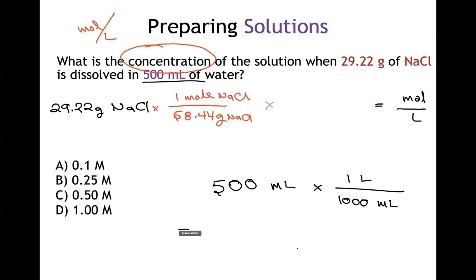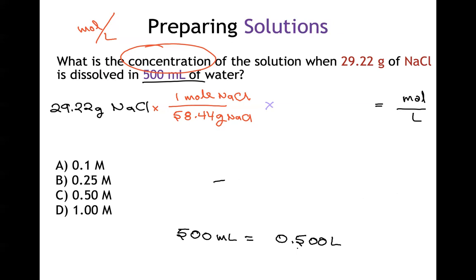So 500 milliliters is really equivalent to 0.500 liters, right? So I'm just going to go ahead and use liters. And something important: if you're given the volume in milliliters, just remember to convert that into liters because molarity is moles per liter.